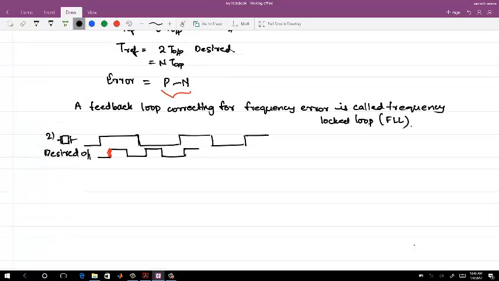Let's say this edge moves to the right, and this edge moves left, the transition edge, and everything else remains the same. All the preceding and the succeeding transitions are the same. You will still count the same number for the frequency lock loop. But in absolute terms, you have changed one transition, and it is happening because of the noise in the system.